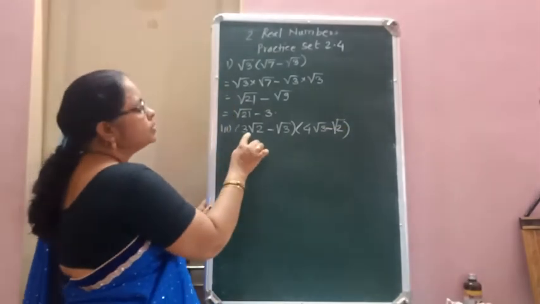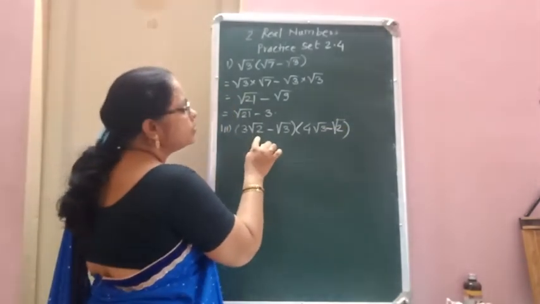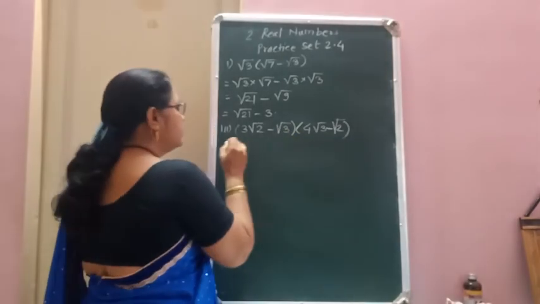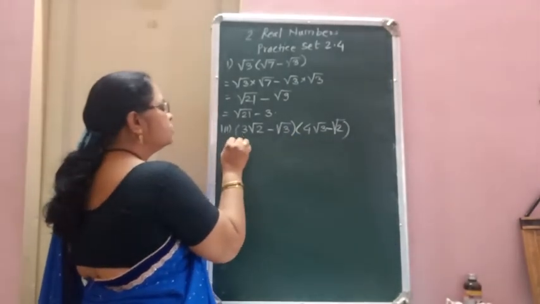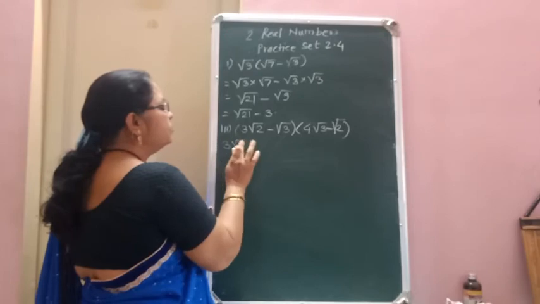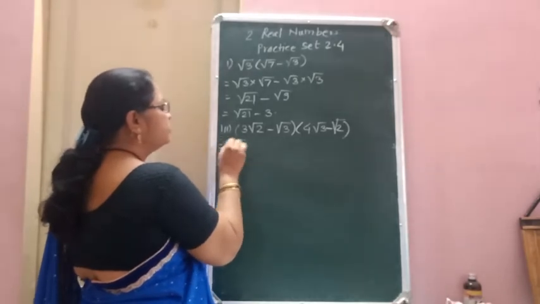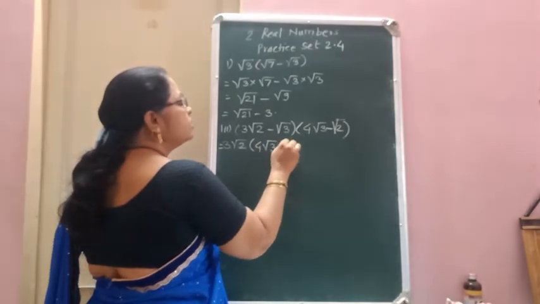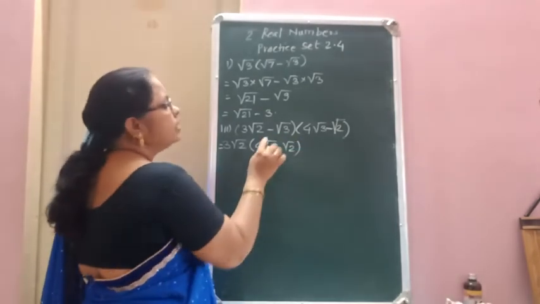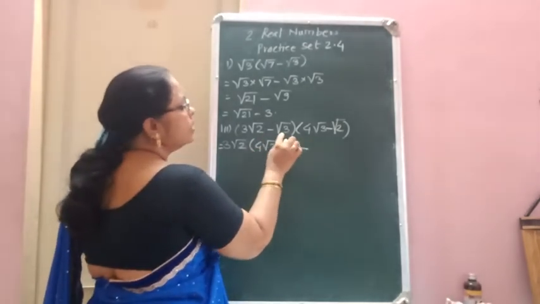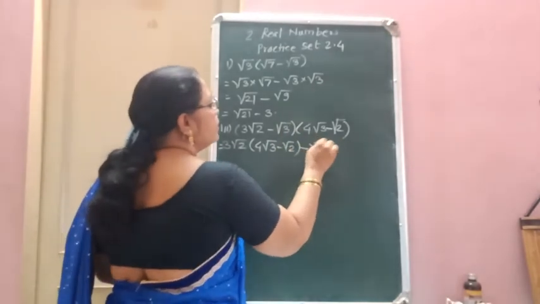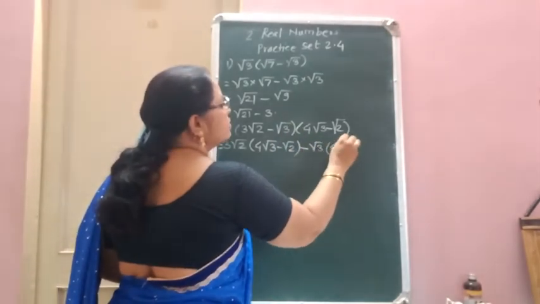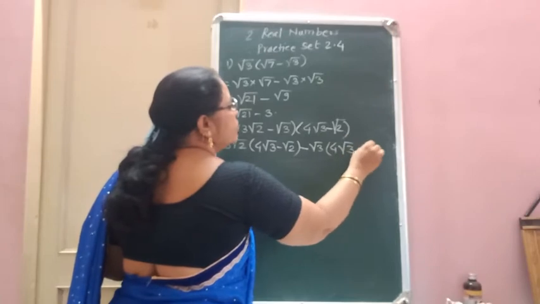So the first term, 3 root 2, multiplies the second bracket. So I will write 3 root 2 inside the bracket 4 root 3 minus root 2. Then a minus sign is there, and we have to multiply this bracket by root 3.